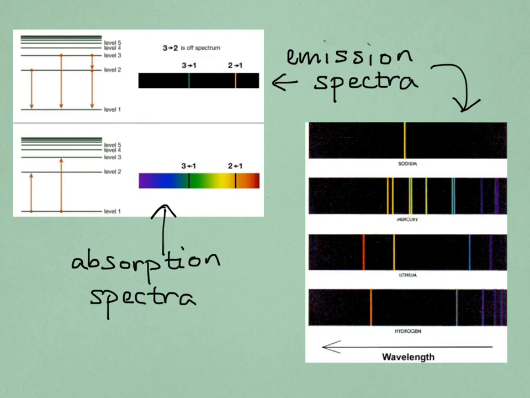So that wavelength is effectively plucked out of the spectrum, and you wouldn't see it. So these two pictures are the same element, but this is the emission spectrum for it, and this is the absorption spectrum for it. This is actually used when we look at starlight to work out what elements are in the star.